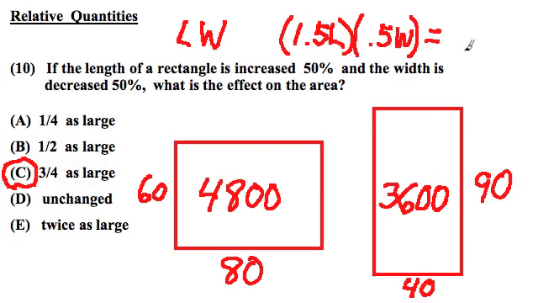So 0.5 times 1.5 is 0.75. So no matter what the original length and width were, the new rectangle would be 3/4 of its area.